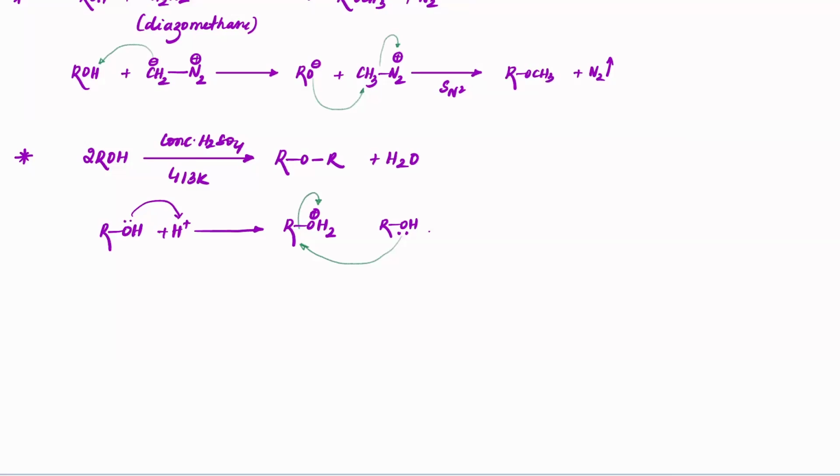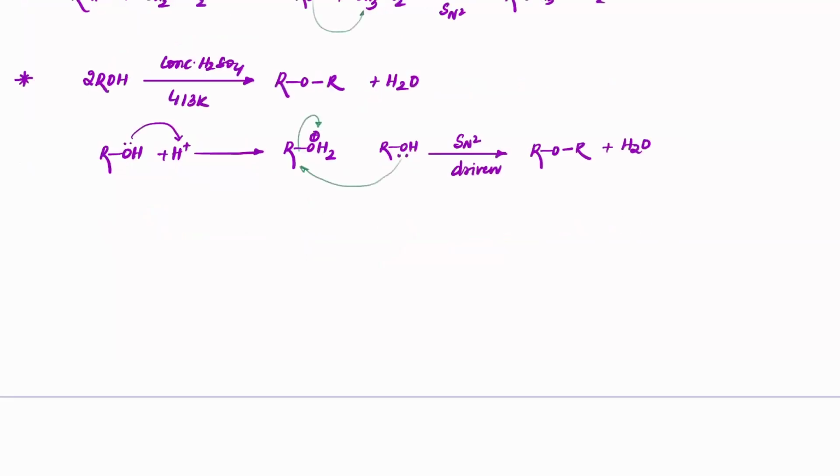Here you have to remember that this is strictly SN2 driven, which means we can't have any type of alcohols here. We have to have alcohols which have very simple alkyl groups.